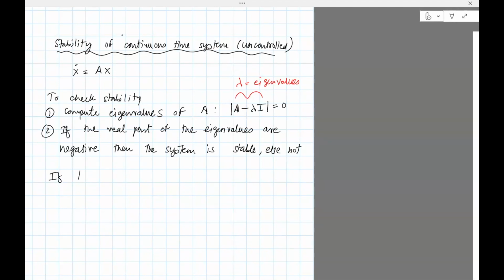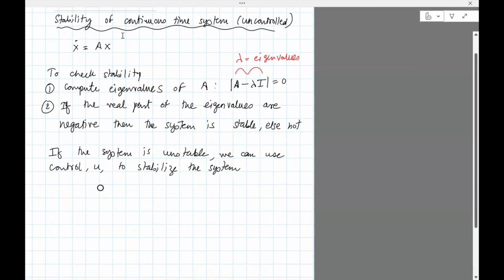So if the system is unstable, we can use control u to stabilize the system.